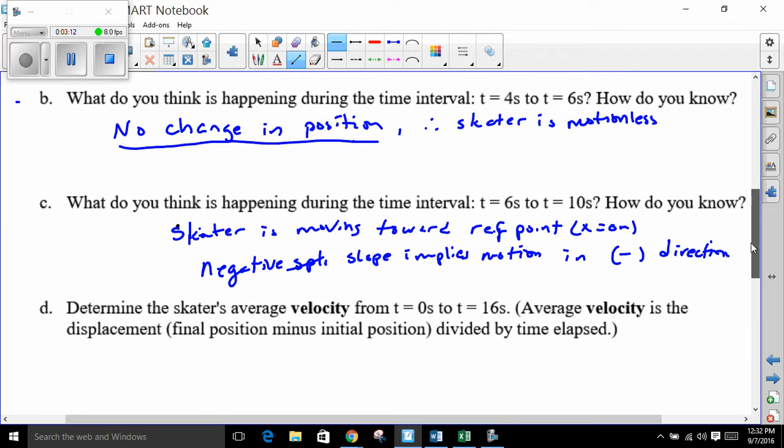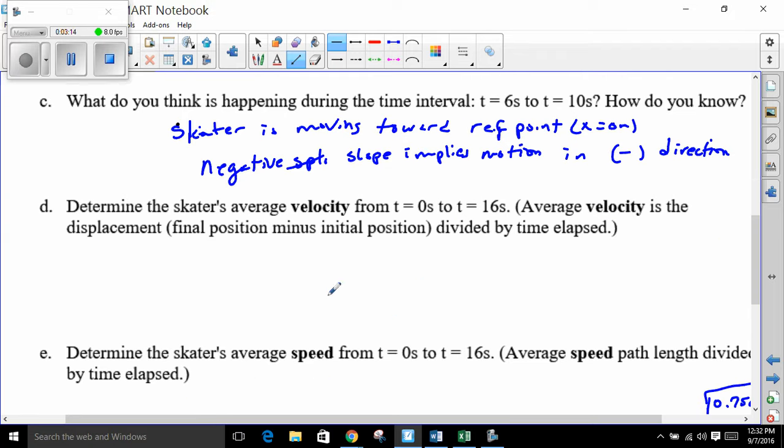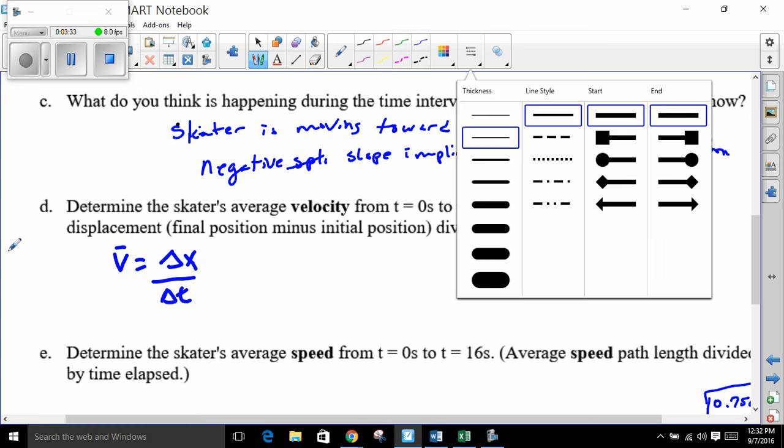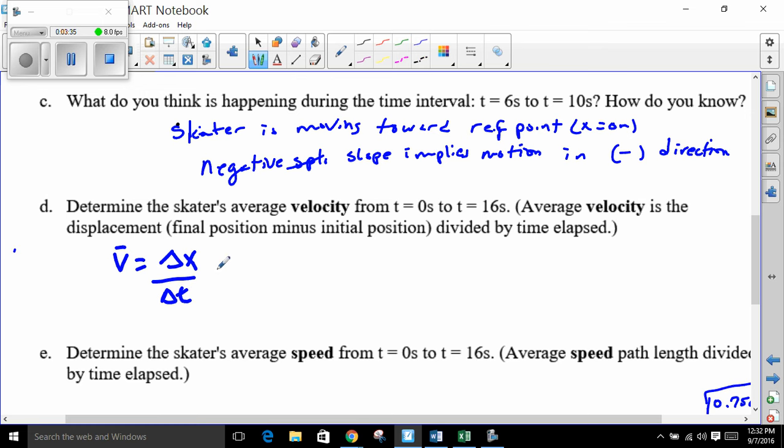We can do that by taking the positions at 0 and 16 seconds and say that the average velocity v is equal to delta x over delta t, and that's going to be xf minus xi over tf minus ti.